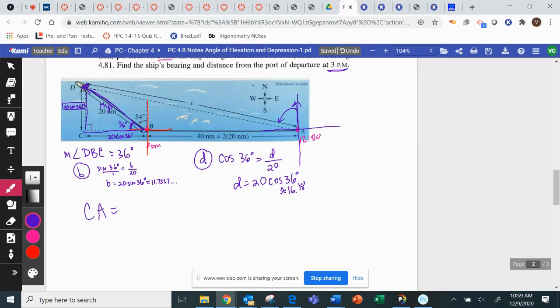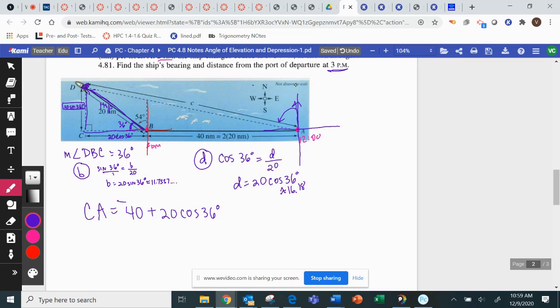John? You take 40 and add 20 cosine 36. Perfect. We're going to take the 40 nautical miles and we're going to add on 20 cosine 36 more. And that's going to be my length for CA. Remember in geometry, when you write length, you don't put the little line over the CA. Just geometry review there.